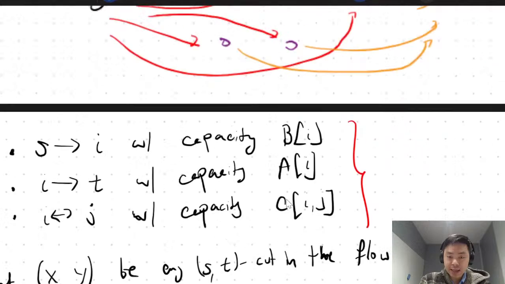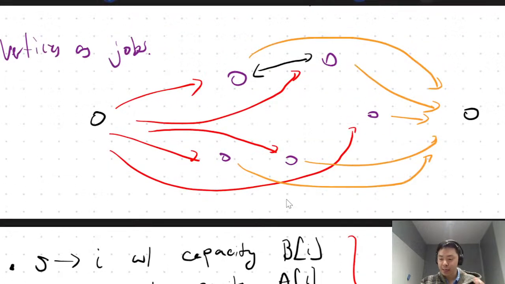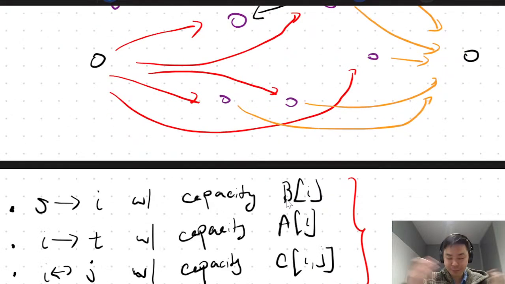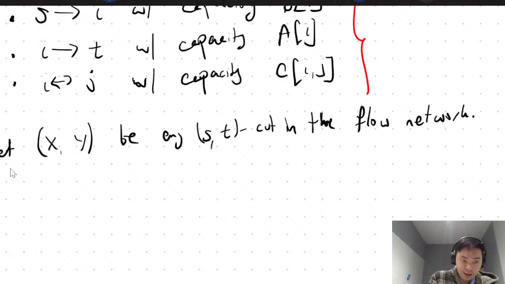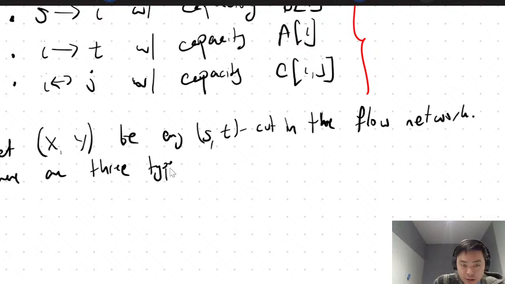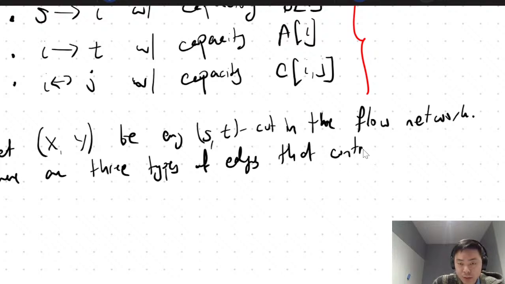So if I consider any s-t cut, there are three types of edges that contribute towards my cut.